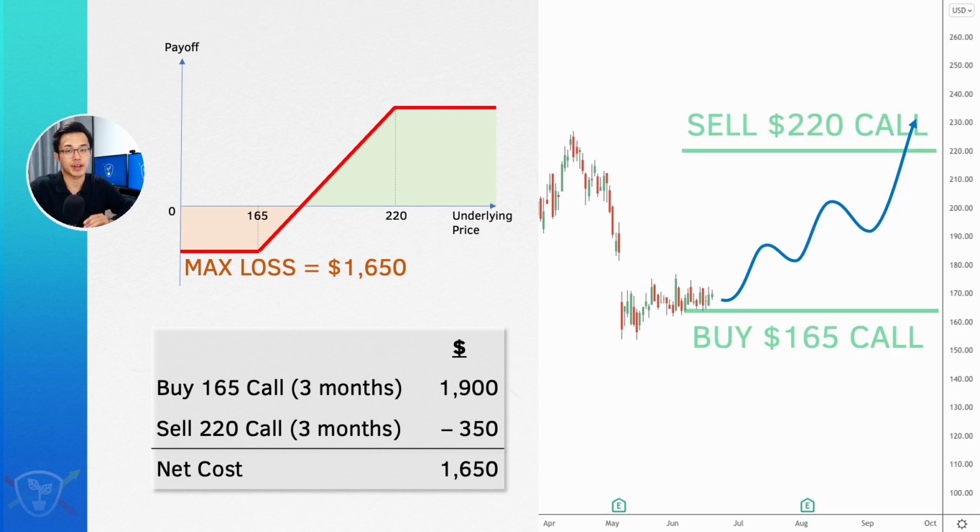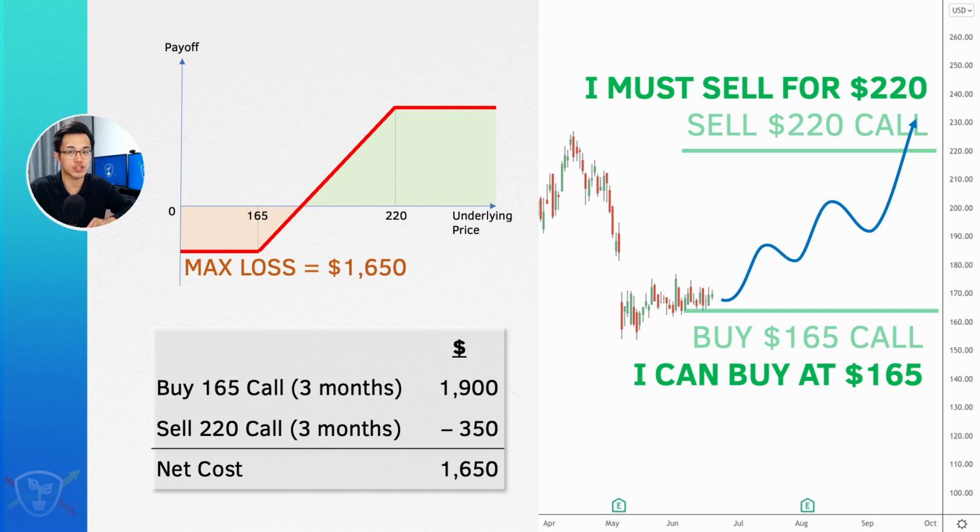If I'm correct and the stock price increases to $220 and above in the next 3 months, the effect of these two option positions is that I have the right to buy the shares at $165 and I have the obligation to sell the shares at $220.